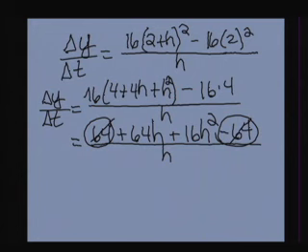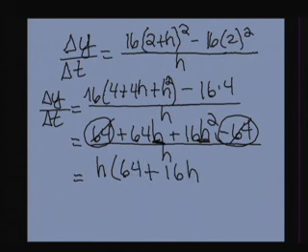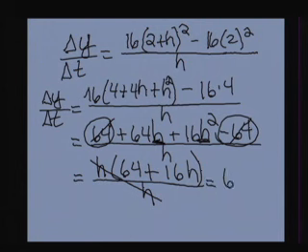Then I can factor an h out of each of these terms. So I have h times 64 plus 16h, all over h. Now those h's cancel out, and I have simply 64 plus 16h.